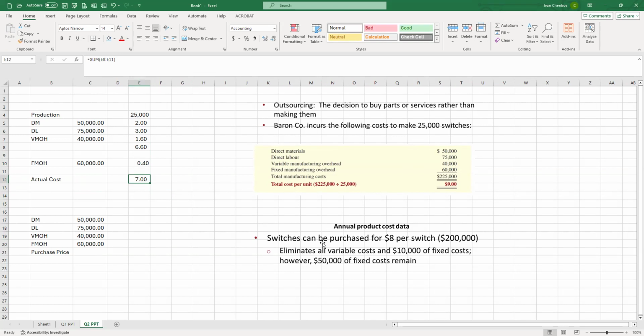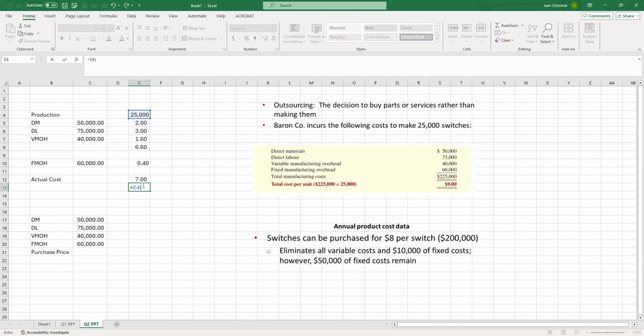Somebody offers us to buy from him for $8. Should I buy it? No. How much am I gonna lose if I buy? $1 each. $1 per unit. How many units am I doing? 25,000.